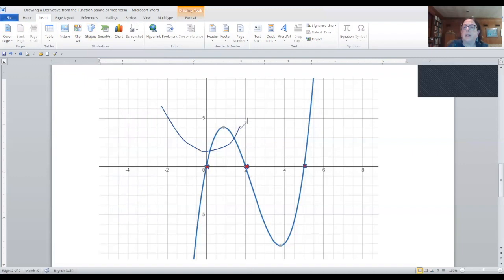So I start from where I left off here. And I hit a little maximum. And now the derivative is negative, so I have to decrease. I don't have to decrease quickly, but I have to decrease. And I could decide to decrease until here, and then I have to start increasing again.